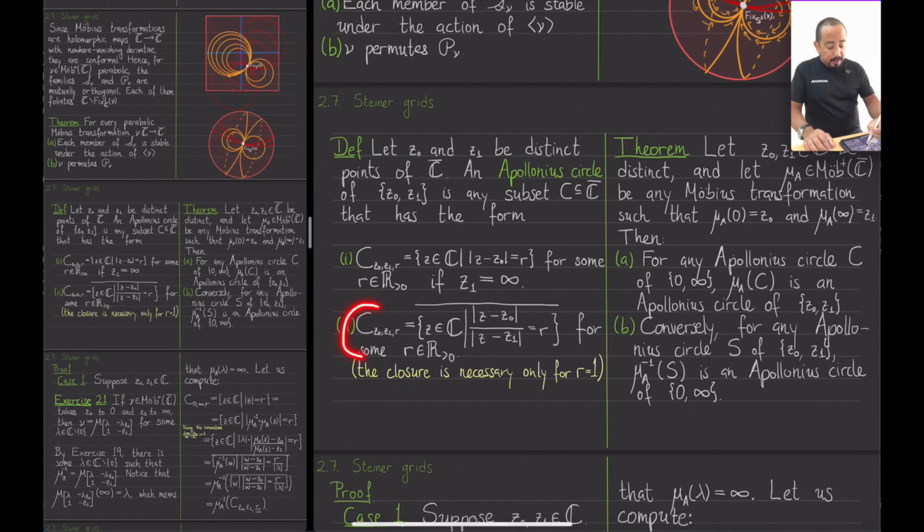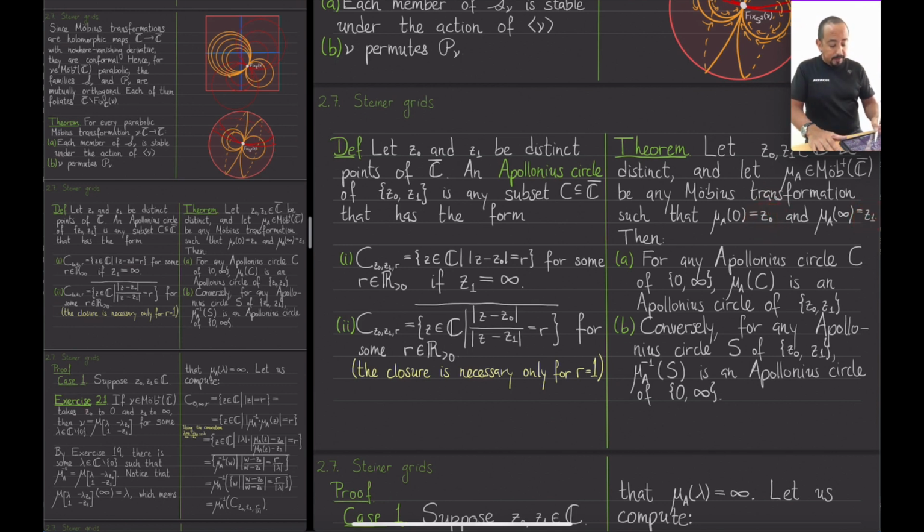In other words, while here I have an intrinsic definition in terms of only Z0 and Z1, I could have taken the definition of Apollonius circles to be just the image of the Apollonius circles of 0 and infinity under any Möbius transformation mapping 0 and infinity to these points.